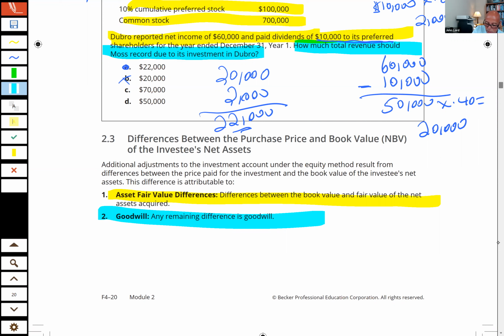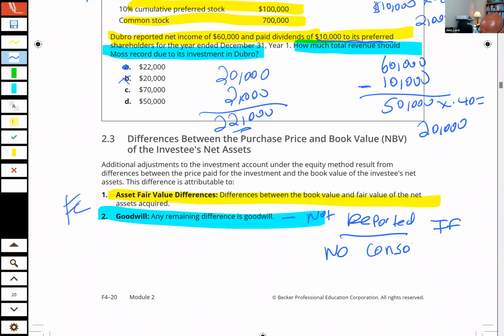Go ahead and flashcard here, and for this goodwill, just say not reported if no consolidation. In other words, we're holding 50% or less of the stock and using the equity method, because if we go over the 50% threshold, we'll be consolidated.